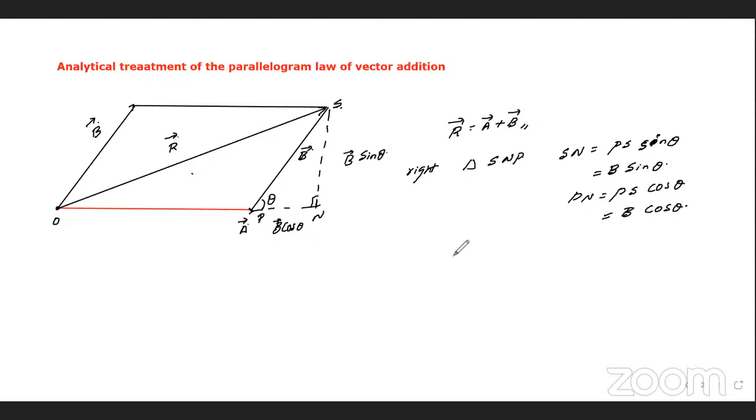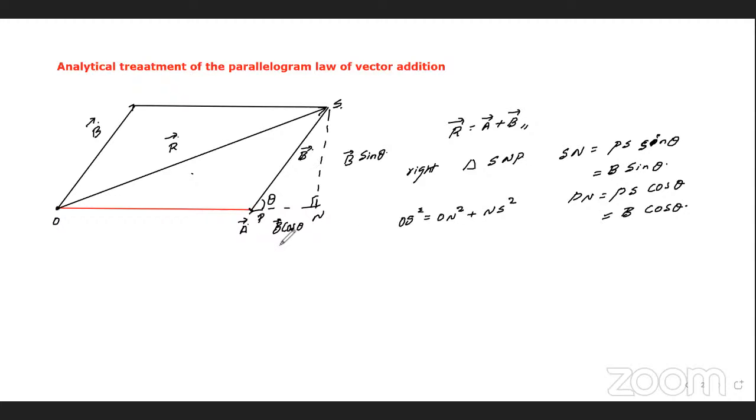Now we are going to use your Pythagoras theorem, where O is your starting point and S is your ending point. So OS square, that is your hypotenuse, is equal to ON square, that is your adjacent, plus NS square, that is your opposite side. NS is nothing but your B sin theta.